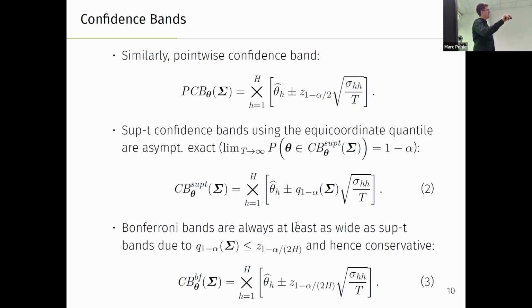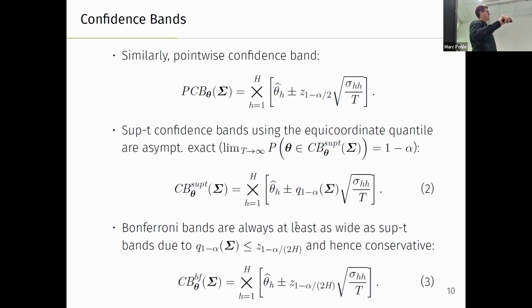this is the same thing as the pointwise significance band, the pointwise confidence band, with the only difference that it's not centered around the value of theta under the null, but around the empirical value of theta. So this is just a simple standard normal confidence interval for every h, glued together with the Cartesian product. And this again usually has a serious undercoverage.